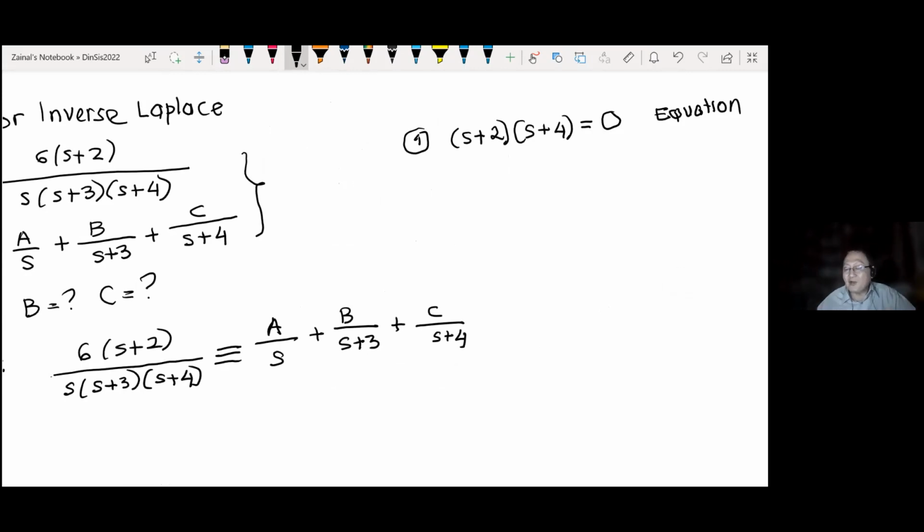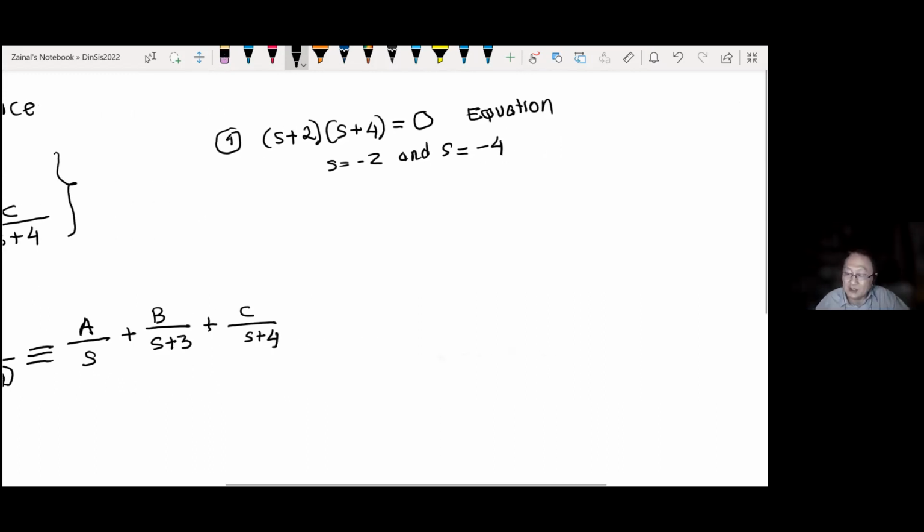It's valid only for s equal to minus 2 and s equal to minus 4. If you substitute s equal to 0, then 2 multiplied by 4 is 8, and 8 equal to 0. That's wrong. So an equation does not hold for any value of s.